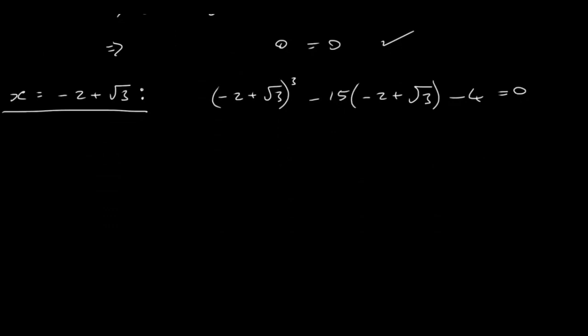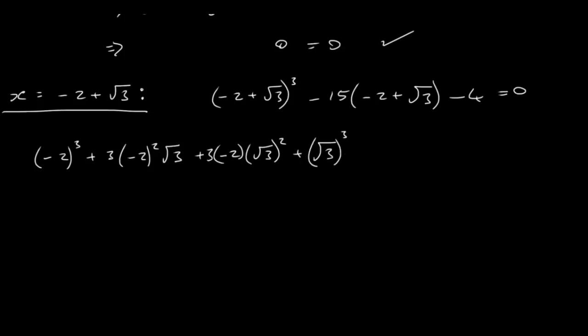So minus 2 plus root 3 cubed, that's going to be minus 2 cubed, plus 3 times minus 2 squared times root 3, plus 3 times minus 2 times root 3 squared, and then plus root 3 cubed. That's just expanding using binomial expansion. Over here we've got plus 30 minus 15 root 3, and then we have minus 4 out here. That should be equal to 0 hopefully.